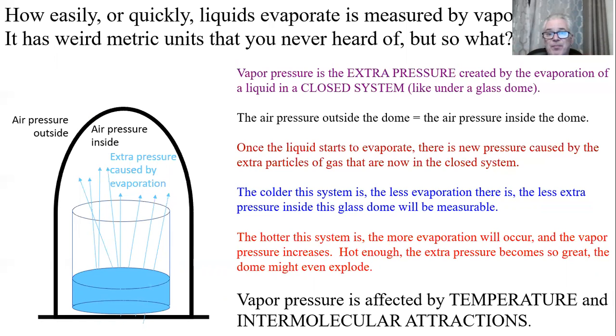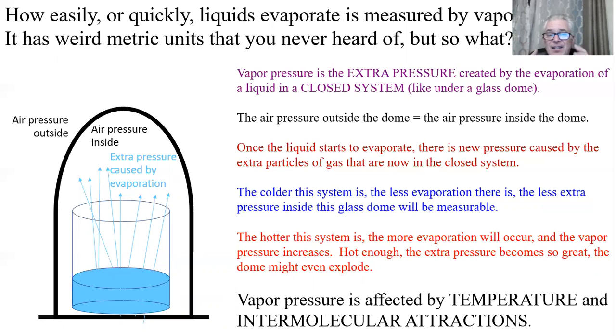It's the same. But what happens once you seal it, once you make what's called a closed system? Inside that dome, in the beaker is the water, at whatever temperature it is outside. Now, water doesn't evaporate so well, but it does evaporate. Say it's room temperature, 25 degrees. That's not very warm for water, and water sticks together pretty well.